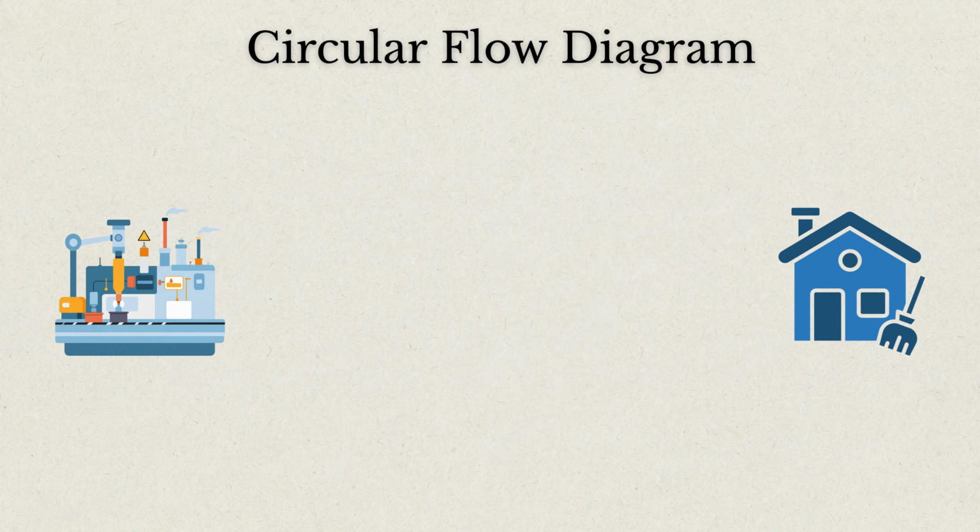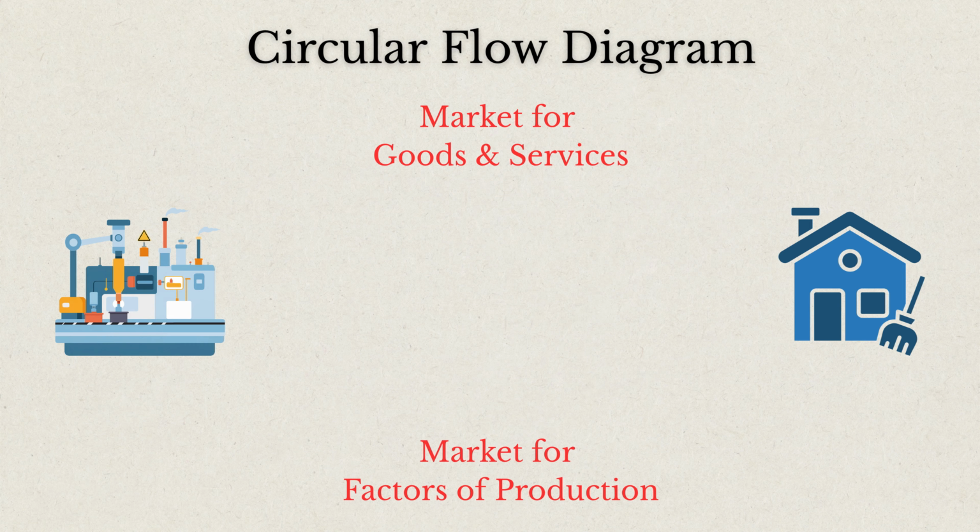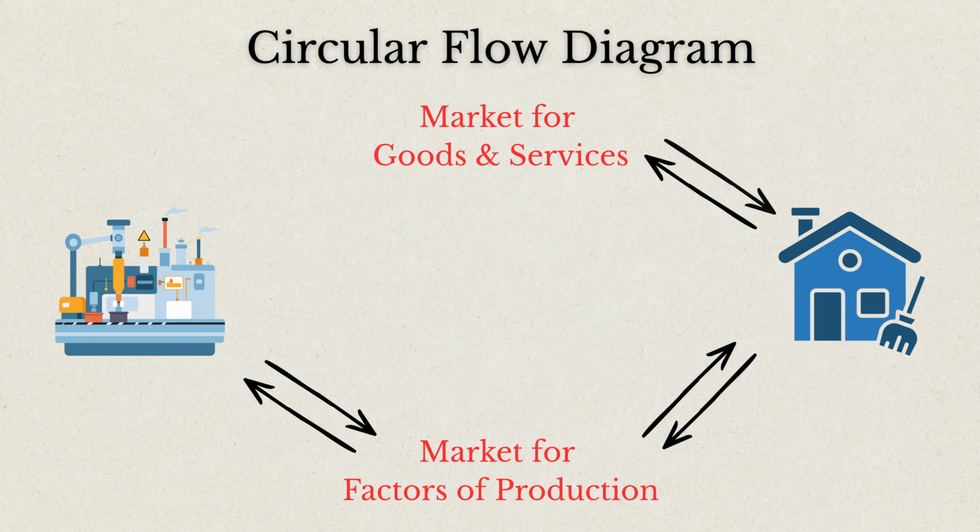And there are two markets, the market for goods and services and the market for factors of production. Households provide labor to farms. Farms pay households wages. Households then use that income to buy goods and services from farms. And farms receive revenue from those sales. That is the circular flow.